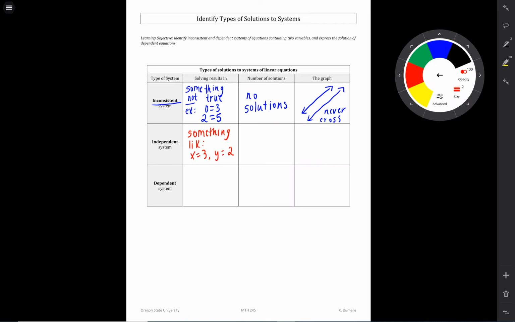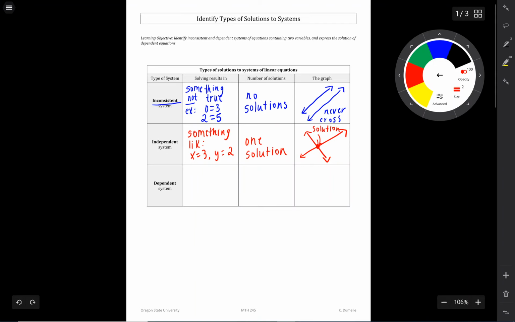If I have an independent system, I simply get one solution, which is this xy pair that we find. And as we've seen, if I have one solution, this means that the graph crosses exactly one time. So this intersection right here is our solution. That's what it means to have an independent system.